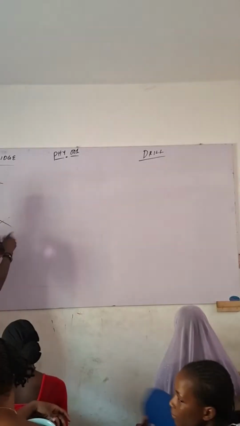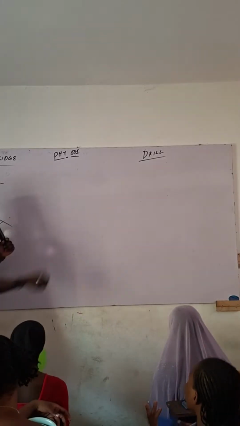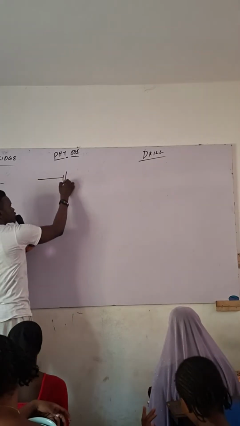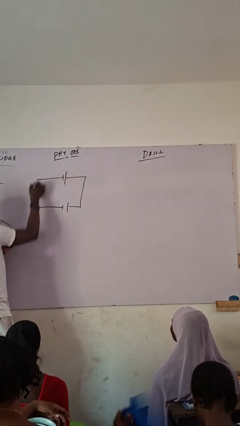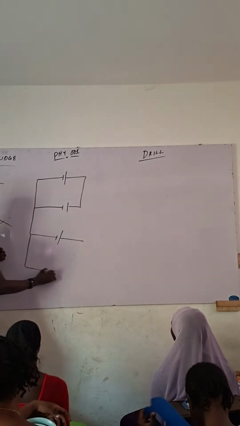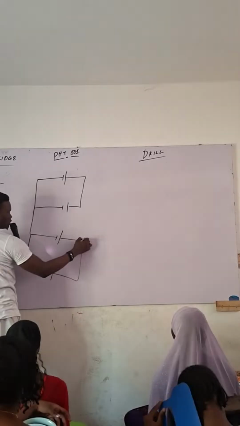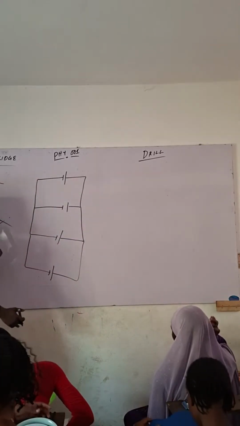So from what we have, they said 4 cells: the first one, the second one, the third one, and the fourth one. They are all connected like this in parallel.